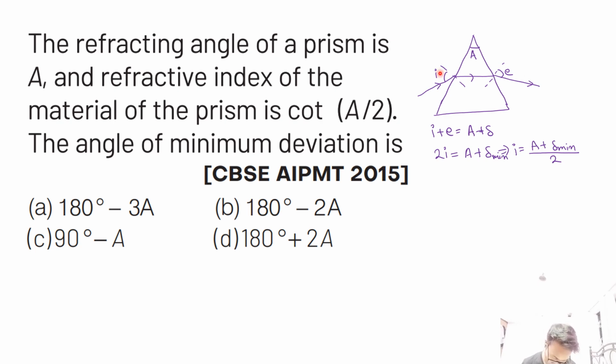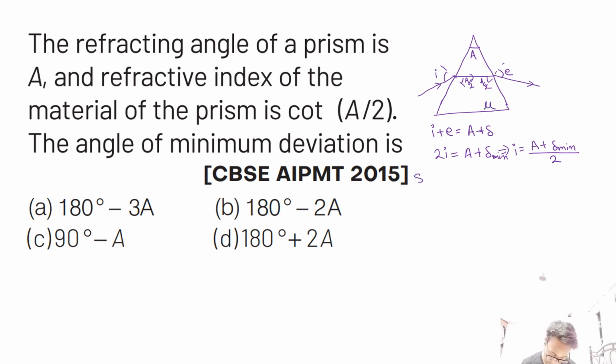Now if we apply Snell's law out here, we know that I is equal to E, and this R1 is also equal to this R2. So R1 plus R2 is equal to A, so this is nothing but A by 2, and this is also A by 2. Now can I apply Snell's law across this surface with refractive index of the prism equal to mu?